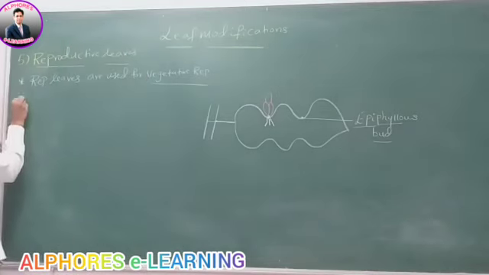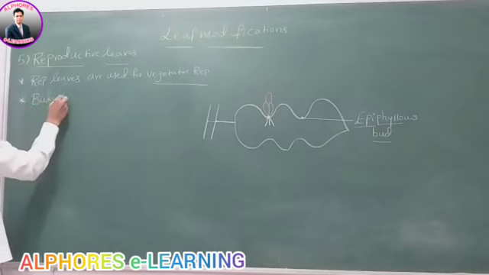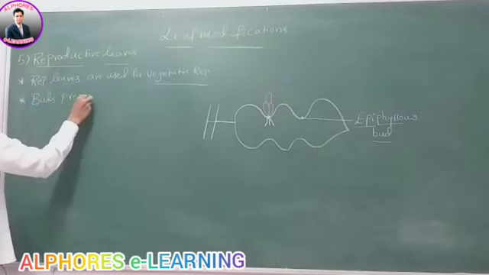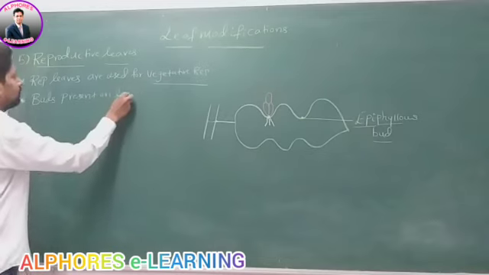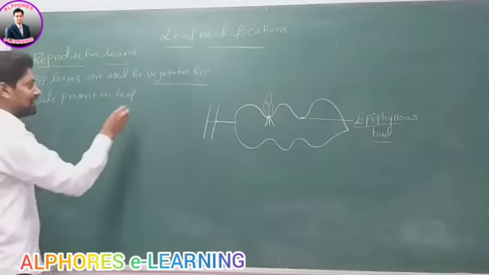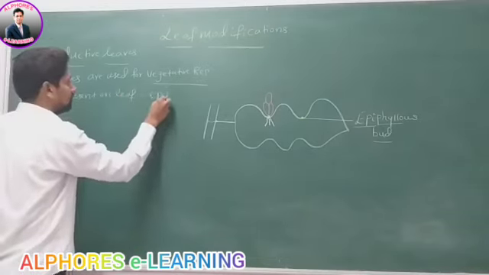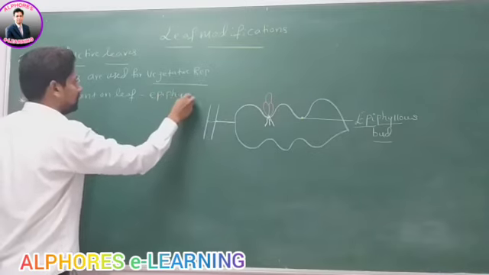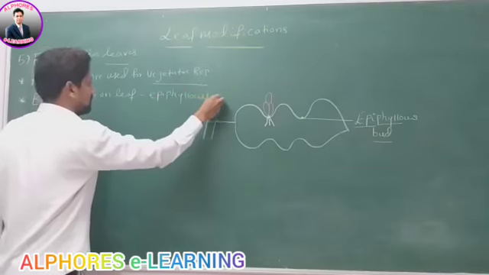Therefore, buds present on a leaf. What are buds present on a leaf called? Epiphyllous buds.